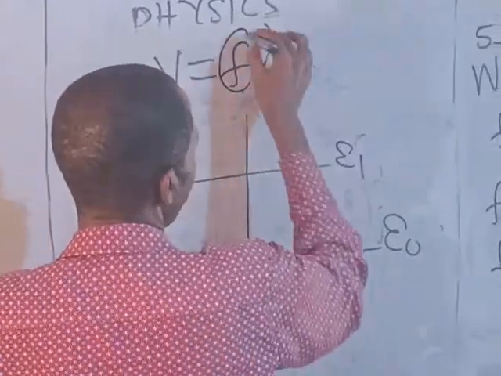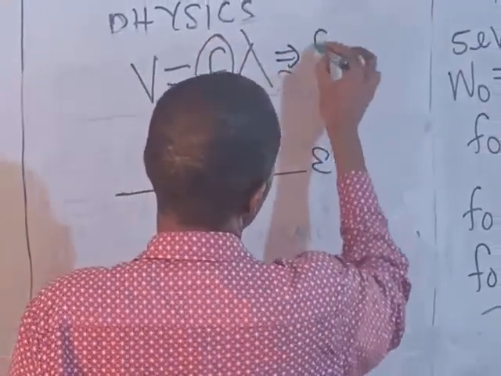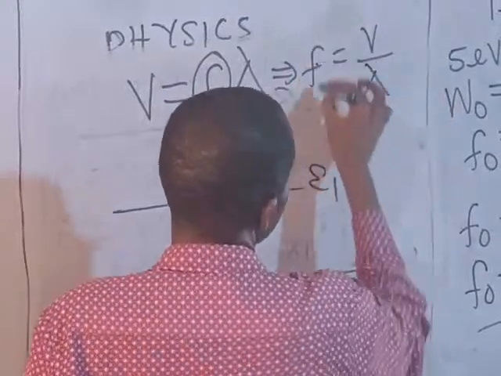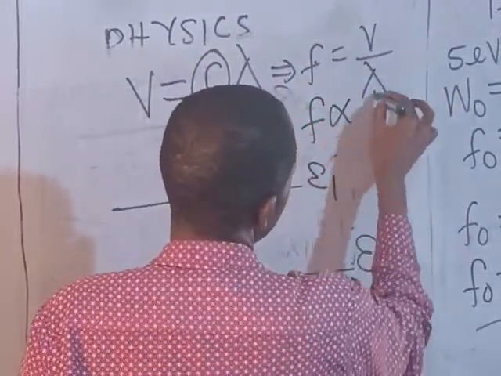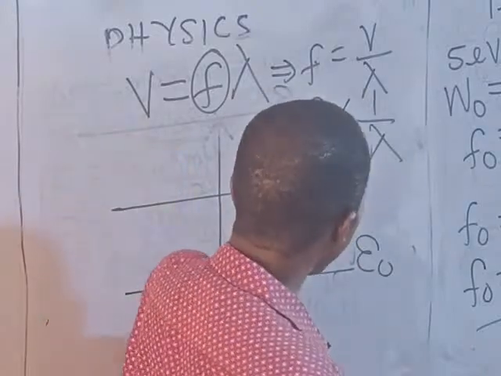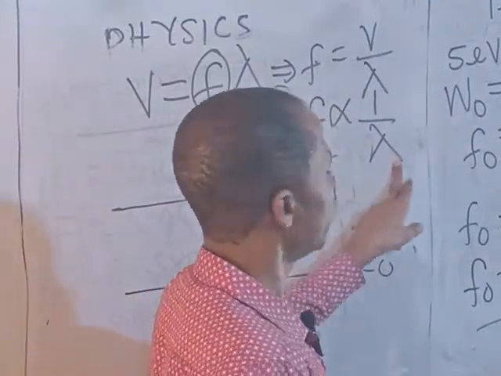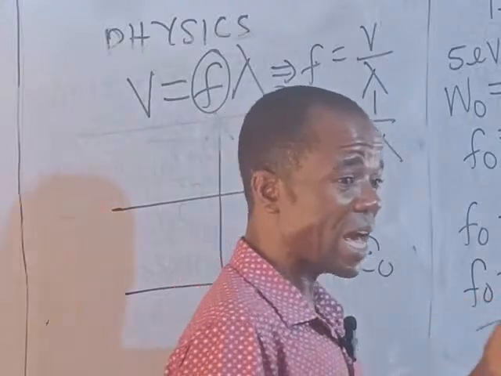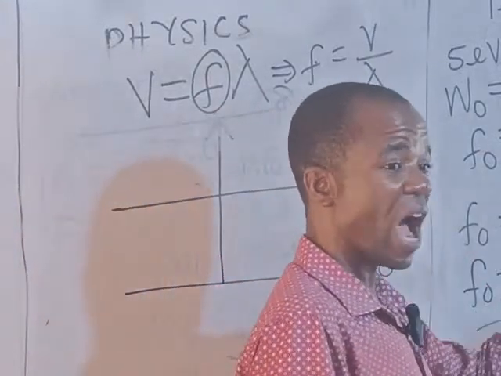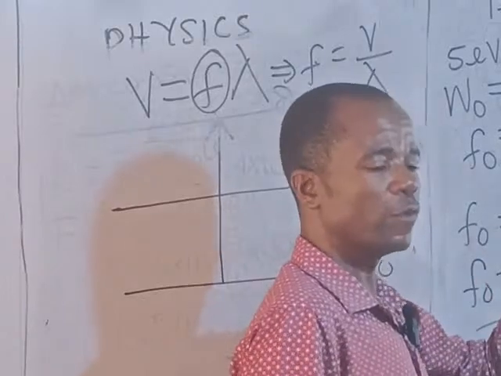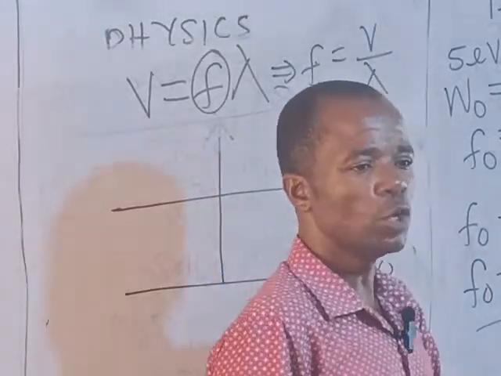So if you make f the subject of the formula, what are you going to have? f is equal to v over lambda. What does that mean? It means that f is inversely proportional to what? To lambda. So which means that as frequency increases, the wavelength decreases. That's what I meant the other time, that any light of high frequency will have short wavelength and vice versa. So the higher the frequency, the shorter the wavelength.